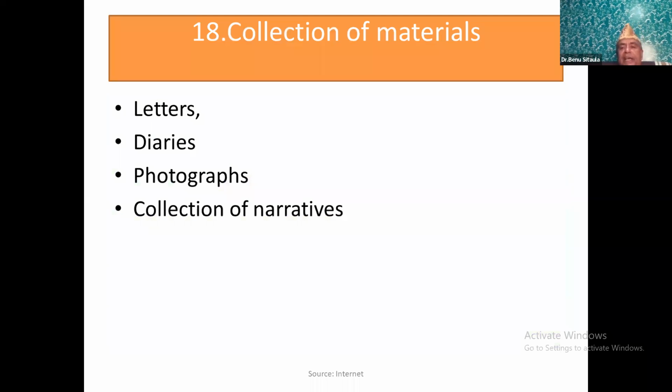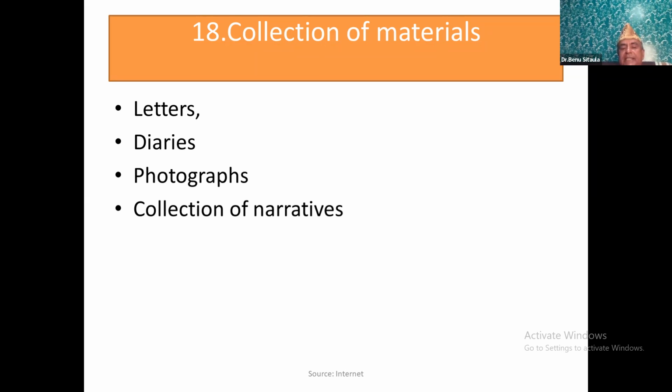And there is another tool, that is the collection of materials. From the collection of different materials, information can also be obtained. For example, letters, personal letters, family letters, or letters provided by an industry. If we collect this type of letters and go through them, some information can be got from there also.